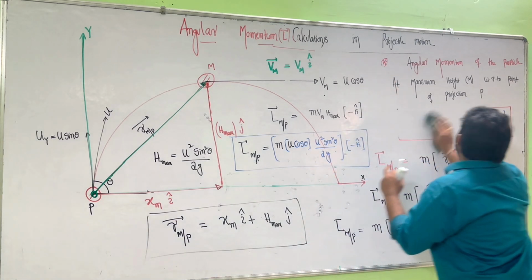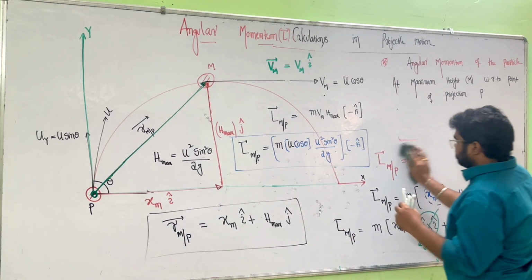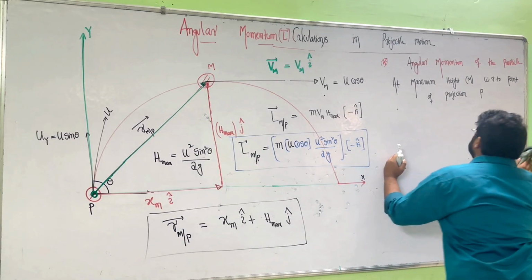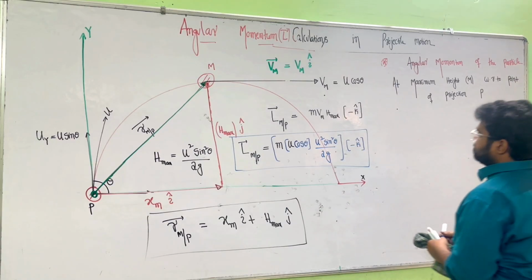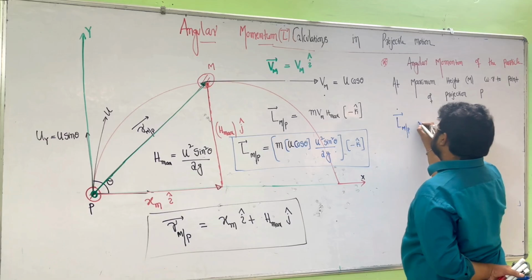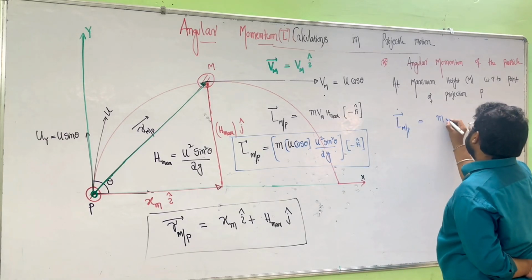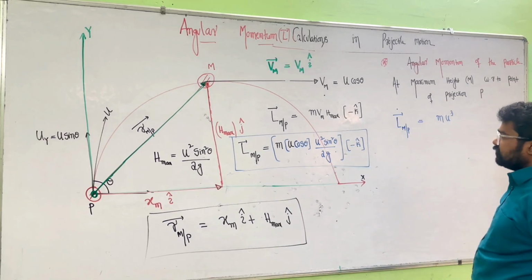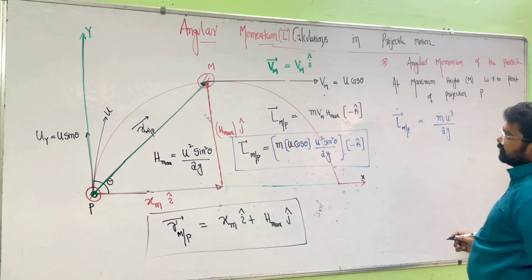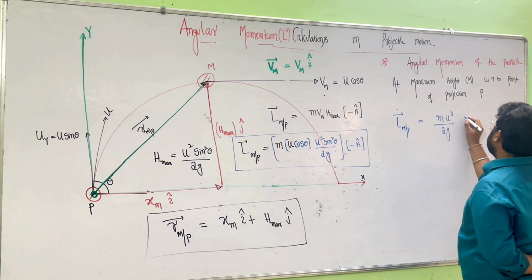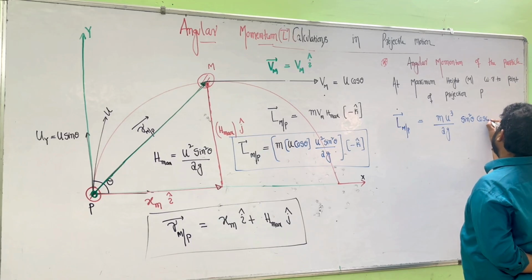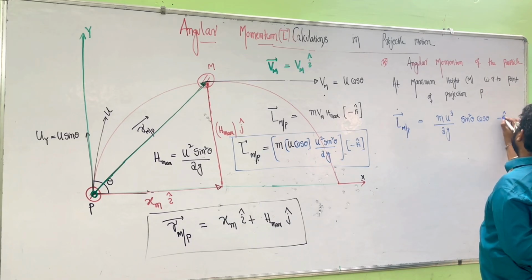So now angular momentum of the particle at maximum height with respect to this. So finally how much is obtained? Lm about point of projection is m into u cube by 2G, m into u cube 2G sin square theta into cos theta, minus K cap.